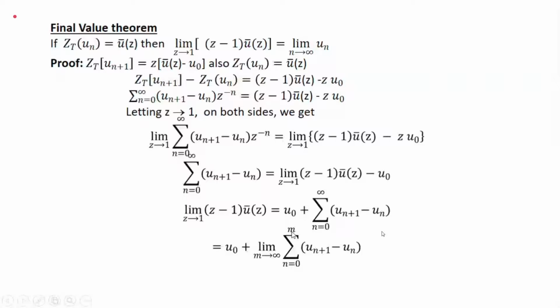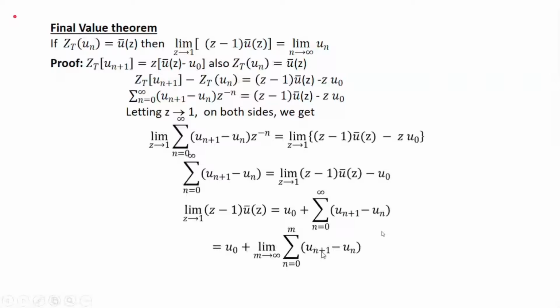Now, can you see that when n is 0, it is u1 minus u naught plus u2 minus u1 plus u3 minus u2. So, can you see that all terms get cancelled pairwise except u naught and u(m plus 1).